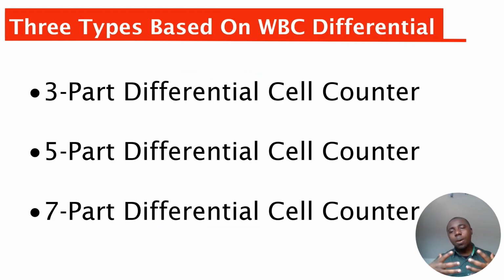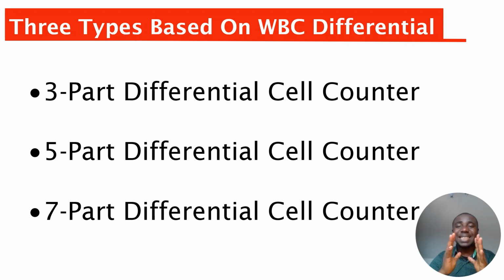Now, when it comes to analyzers, I want us to know that there are three main parts or types of this hematology analyzer or full blood count analyzer. In some cases, you can say there are two parts, because in most cases, some of the 5-part differential cell counters can also do that of the 7-part. But I decided to group it differently.